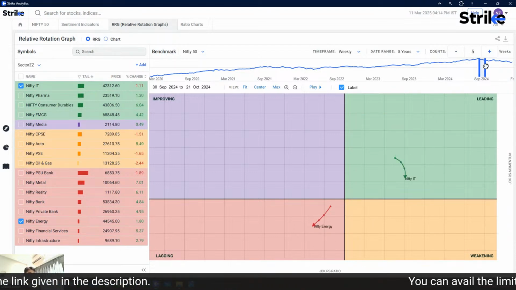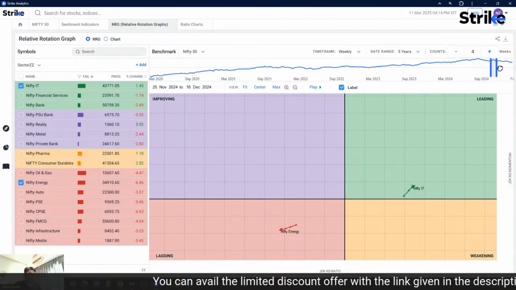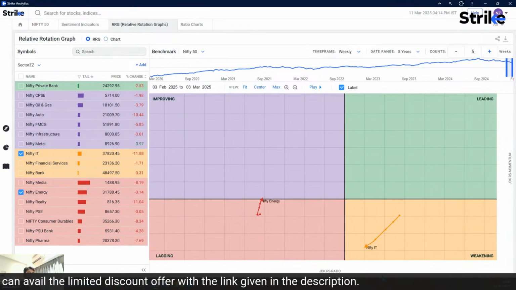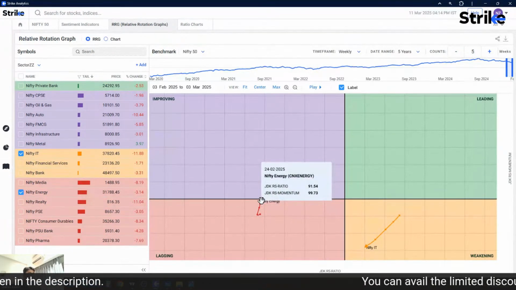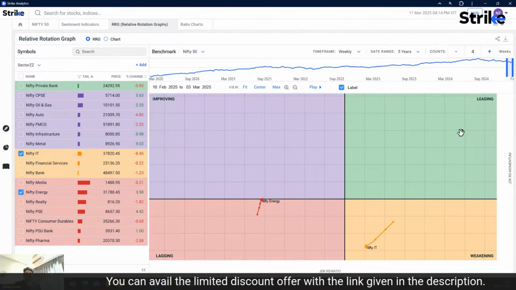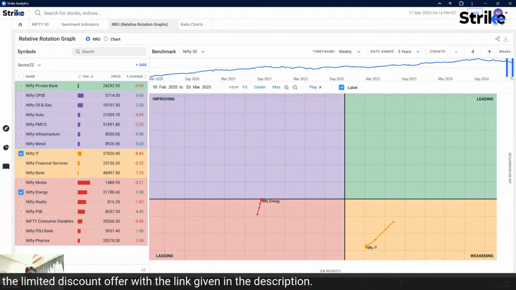Energy is still downwards over here, but now it has started sloping upwards, and IT is getting into the lagging quadrant. So here we can again shift our focus to energy and get rid of IT. This way, between various sectors, you can juggle.